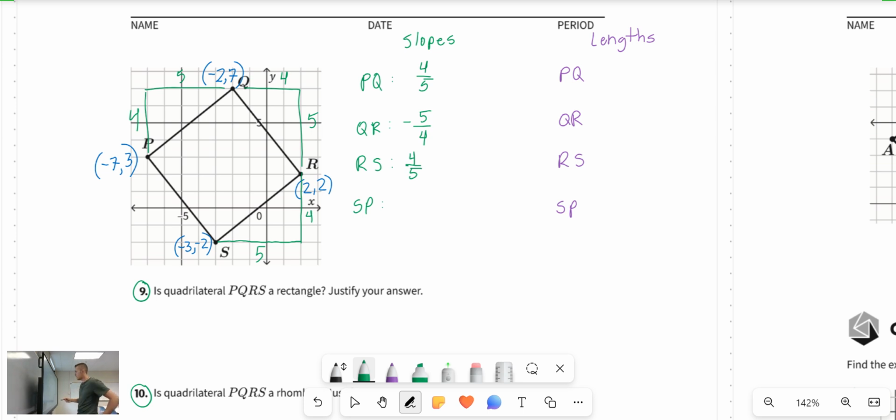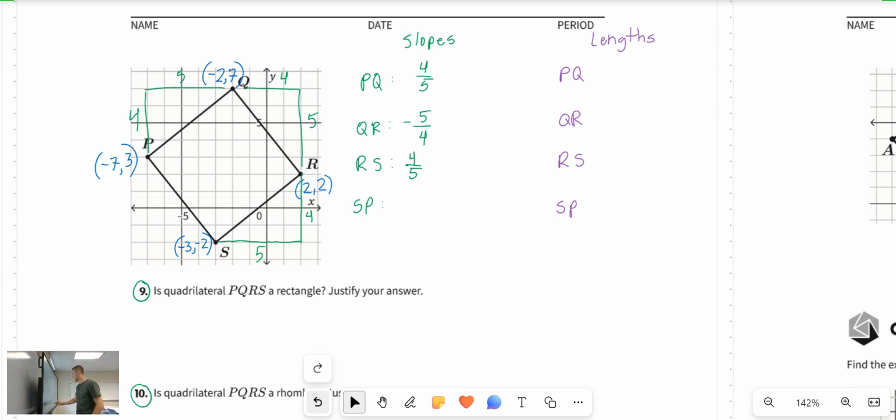And finally, SP, what's our slope? It's going to be negative because it's going right down to the left. I guess this looks like positive to you, doesn't it? Because my camera's flipping it. Anyway, it's a negative slope. From P to S going down like this, that's a negative slope.